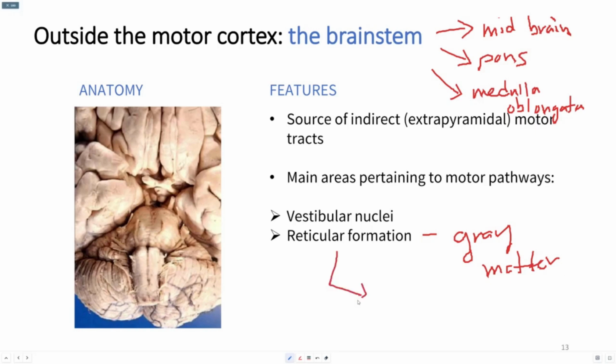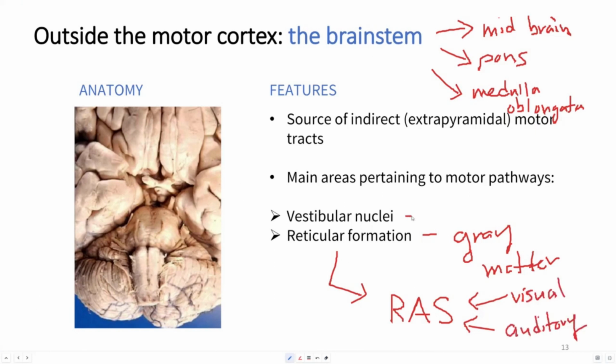The reticular activating system is involved in the state of consciousness and being awake. This is how your body receives visual and auditory information. And the vestibular nuclei connect to cranial nerve number 8, which provides information regarding posture, equilibrium, and even vision. So all these areas are related to visual and auditory cues.